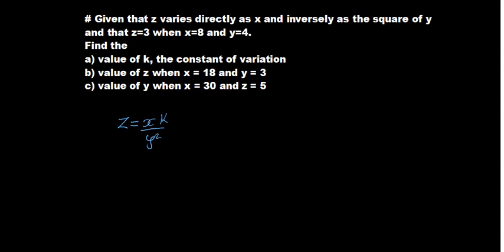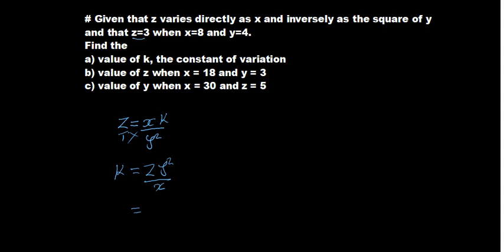So we have to make k the subject of the formula. We do the multiplication, so k will be equal to z multiplied by y squared, divided by x. To find the constant of variation, we need to get the values of z, y, and x from the question.